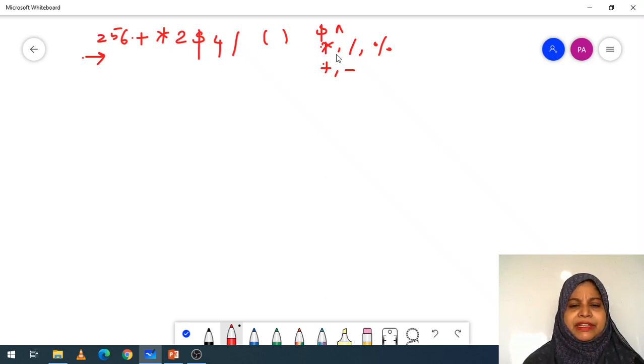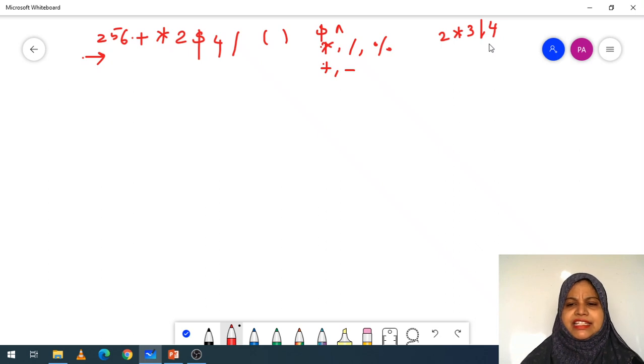For example, in my expression with star and divide, 2 star 3 divided by 4.